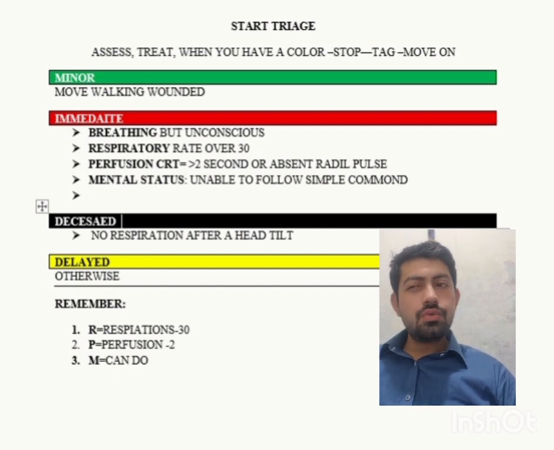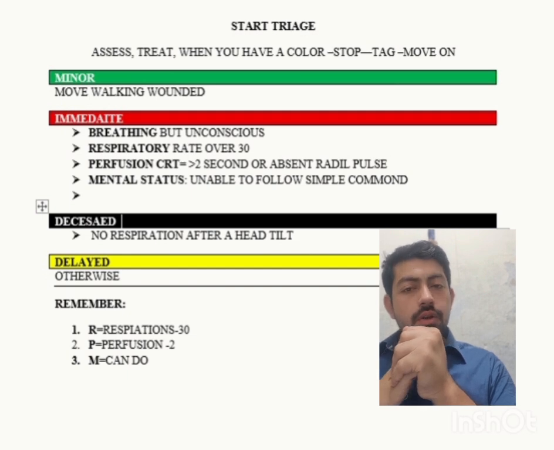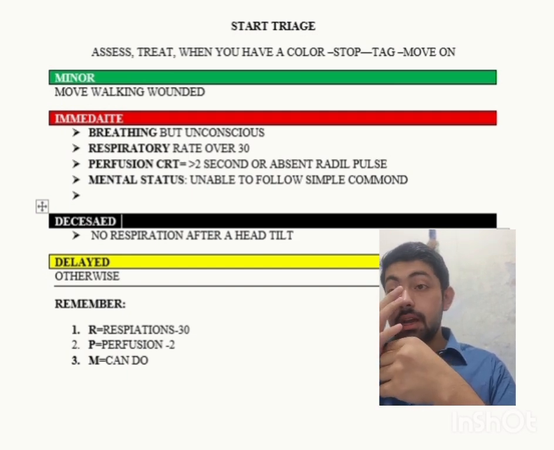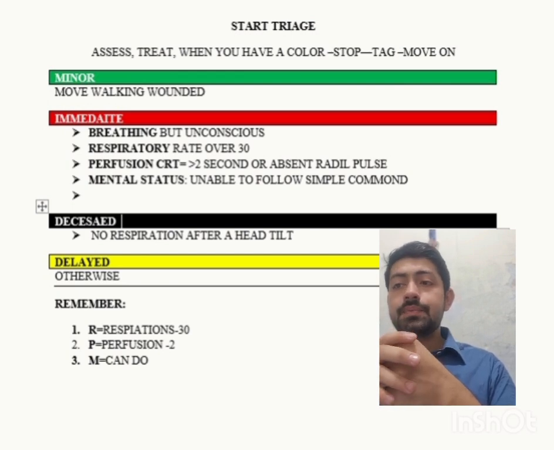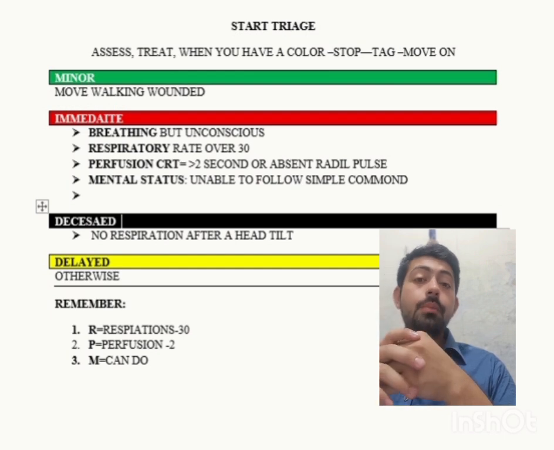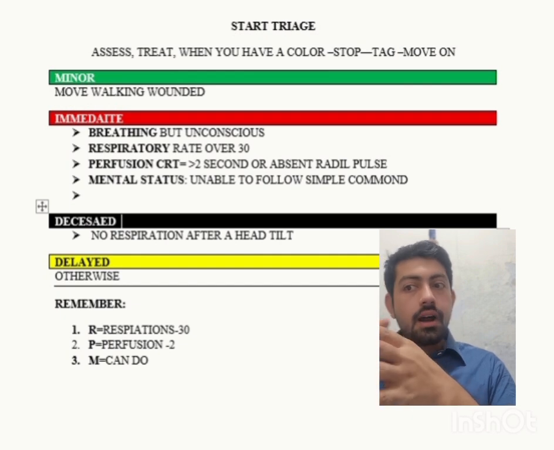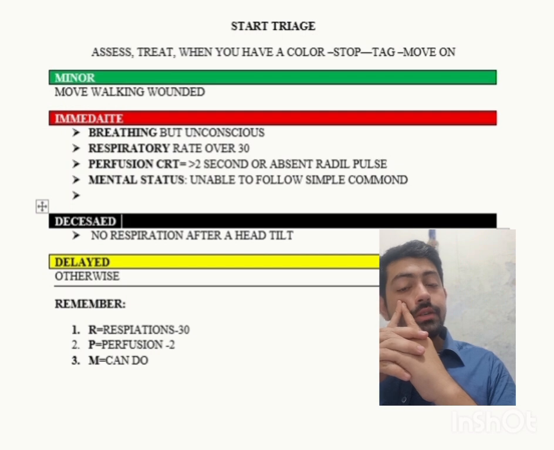The first thing is to assess respiration. The rescuer, nurse, paramedic, or anyone near the patient quickly assesses the breathing. If the patient is not breathing, the rescuer opens the airway with a head tilt and chin lift. If breathing starts after opening the airway, the patient is tagged red.